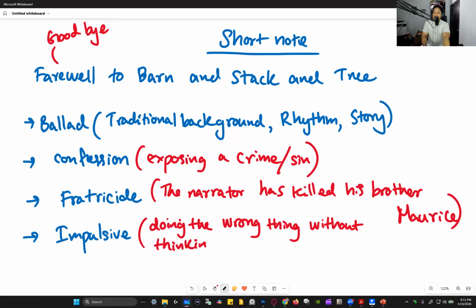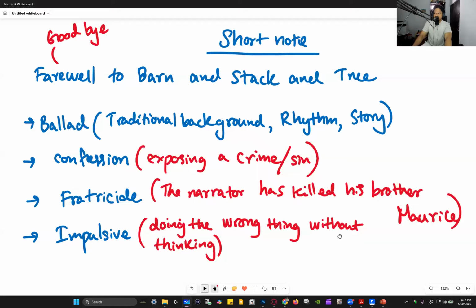Doing the wrong thing without thinking is called impulsive. The murder of this brother is an impulsive decision. It is a fratricide, and the narrator has murdered his brother Maurice.